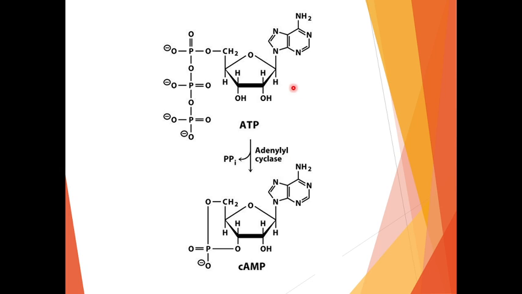As you can see in the slide, cAMP is formed by an enzyme called adenylyl cyclase. Adenylyl cyclase is activated by a signal that comes from outside the cell, which converts ATP to cAMP. cAMP is a messenger molecule or a signaling molecule that initiates a cascade of reactions. We'll talk about biosignaling pathways in the advanced biochemistry course.